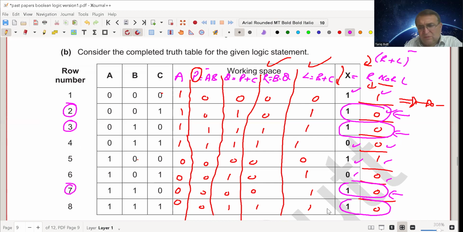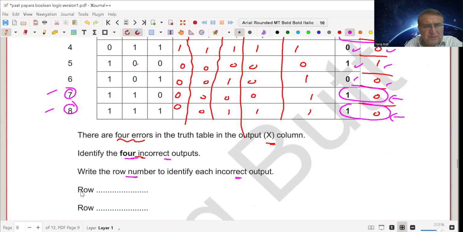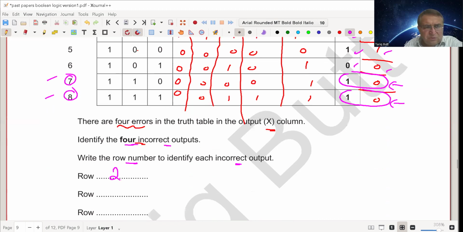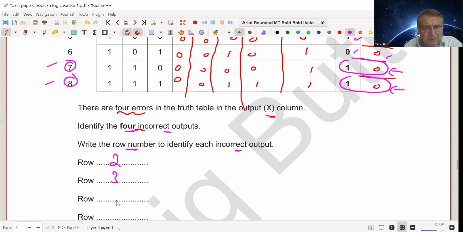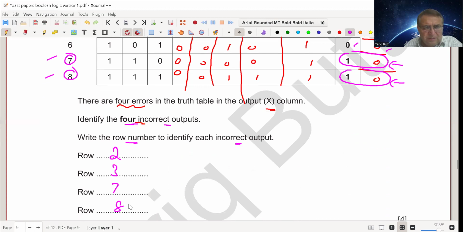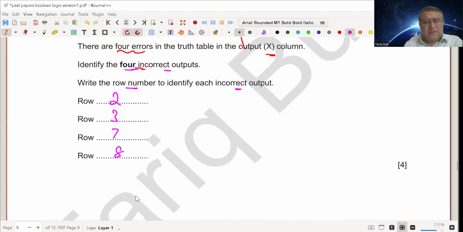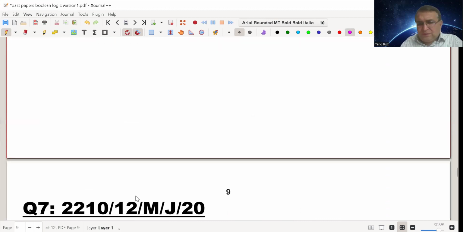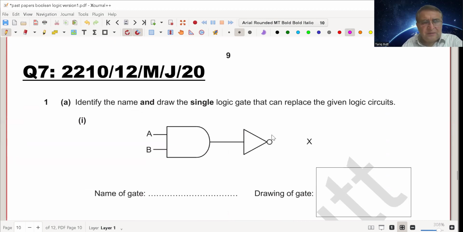And the fourth one is this one, which is row number 8. So row number 2, 3, 7, 8. That is your answer. I hope it is clear. Let's move to the next question.